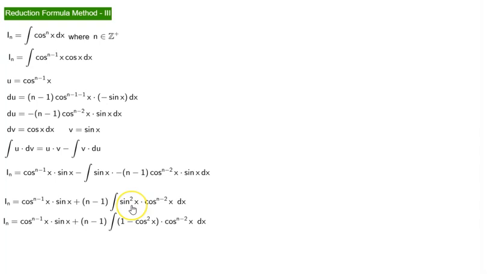Now, sin^2 x, we split it into 1 minus cos^2 x. And then we distribute this to get n minus 1 times the integral of cos to the power of n minus 2 x dx minus n minus 1 times the integral of cos^2 x times cos to the power of n minus 2 x dx.